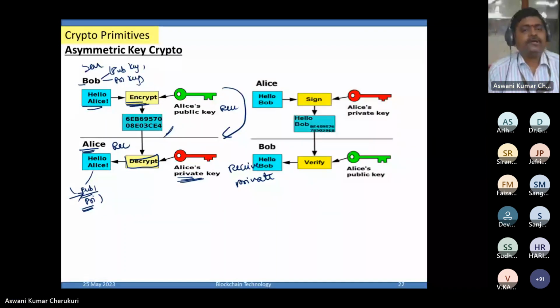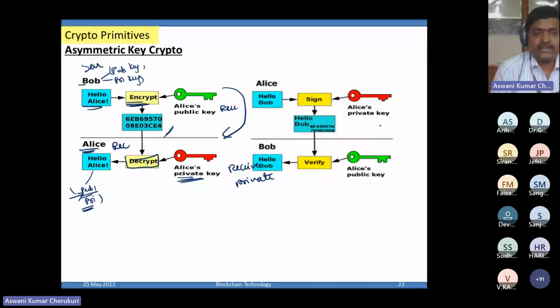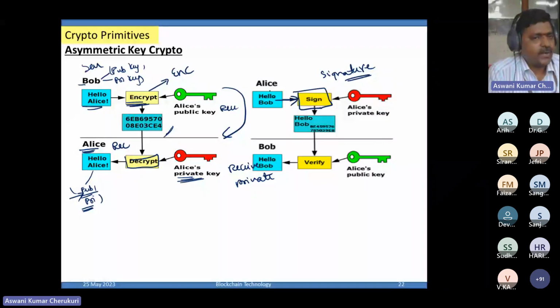Now there is another way of doing this. What we discussed is Bob sending a message to Alice. Now imagine Alice is sending a message to Bob. This is a very important difference you need to understand.